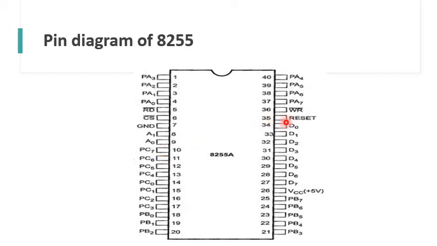Pins D0 to D7 are the data pins used by the master, that is the microprocessor or microcontroller, to communicate with 8255. All the data to be transmitted and received and control instructions are transmitted to and from 8255 through these pins. These are connected to the data bus of the microprocessor.